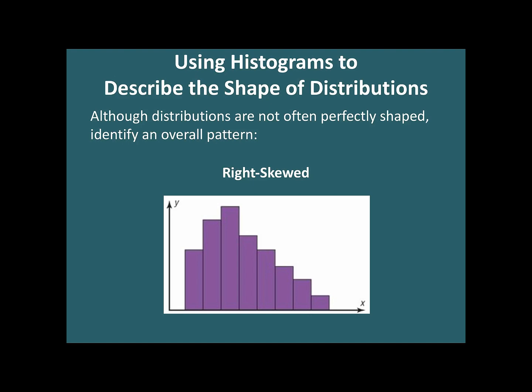This one is known as right skewed. This one might be a little confusing for some students, but I'll explain more in the future. That right skewed simply means that most of your data is actually on the left-hand side. Notice that most of the data is on the left-hand side of this histogram. But what's trying to skew your data is all this little data over here on the right.